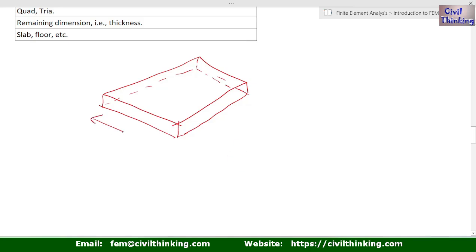Now you can see what happens in a slab. Let us say this is the x dimension and this is the y dimension. Now what is this z dimension? You can see here x and y are approximately equal.